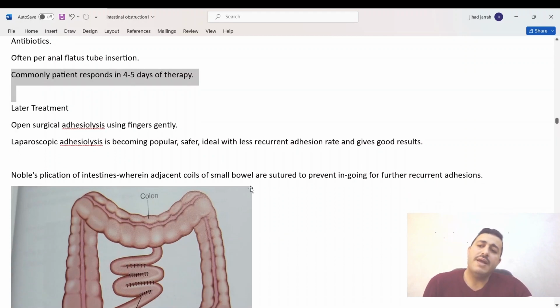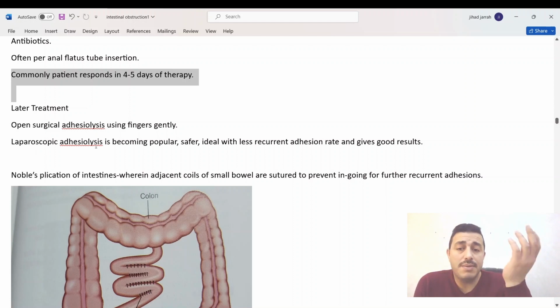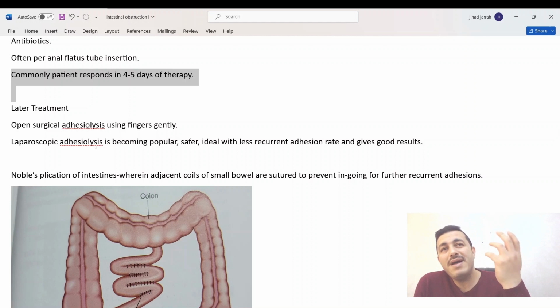Okay, later treatment, or we can call it definitive treatment for adhesion. Actually, the best treatment is to prevent the adhesion, but we have a role for either open adhesiolysis or laparoscopic adhesiolysis. Yes, laparoscopic adhesiolysis is becoming more popular, safer, faster, but the band should be single, limited, not that extensive.